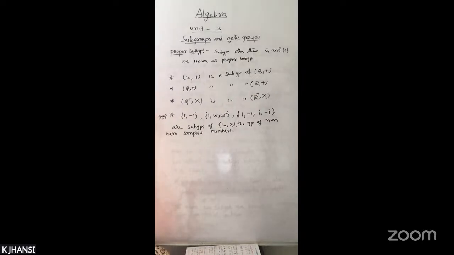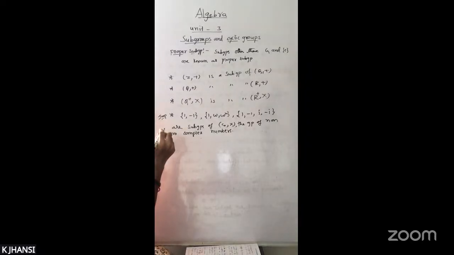Okay. So one more: a necessary and sufficient condition for a non-empty subset H of a group G to be a subgroup is that A belongs to H, B belongs to H implies AB inverse belongs to H, where B inverse is the inverse of B in G, that is G comma dot. Dot in the sense is multiplication we are taking. Okay, this is one more definition for a subgroup.